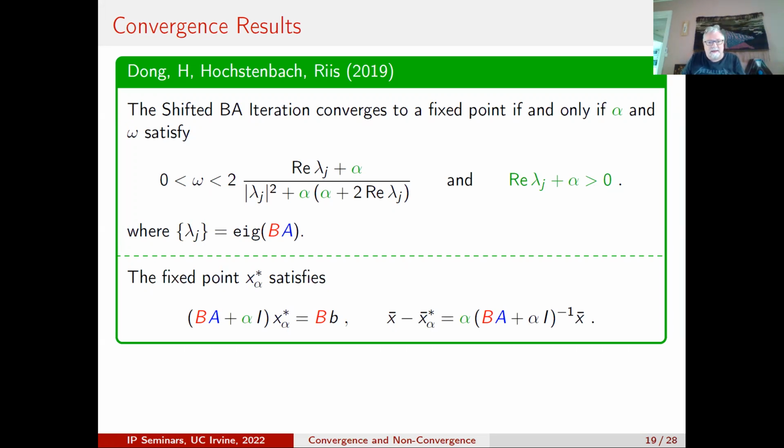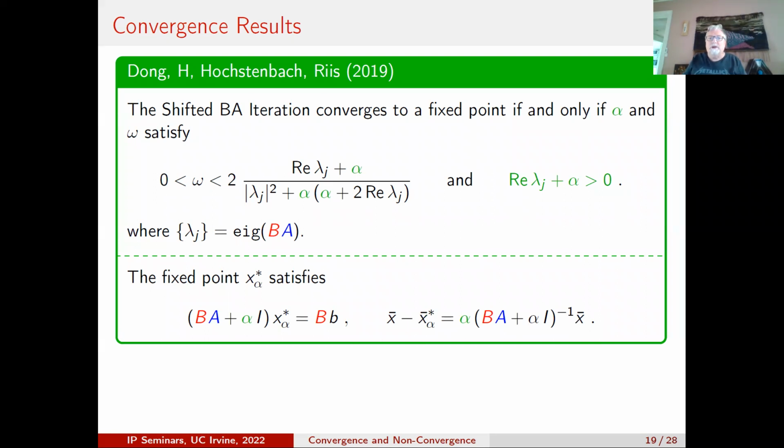Okay, and then again we have theory for the fixed point of this shifted BA iteration, that's this one here. And we can say that introducing this alpha introduces a small perturbation in the solution, but it's probably something we can live with. So we introduce this shift, which looks like a regularization parameter, but we do not introduce it to regularize the problem.